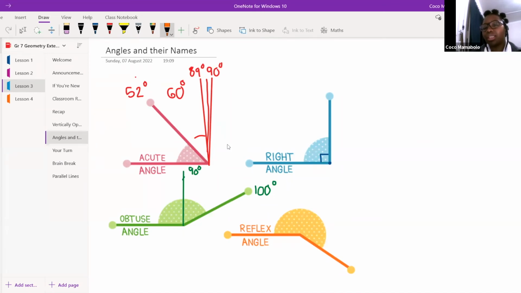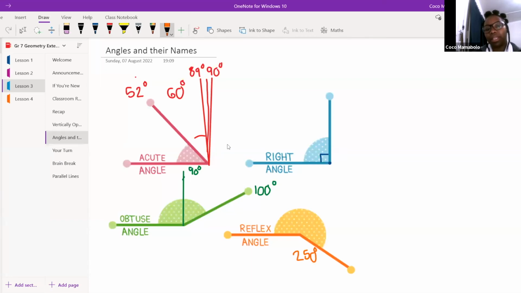Oh, 160 is smaller than 180 degrees. It needs to be bigger than 180 degrees. 250 degrees. Good, excellent, because that's bigger than 180 degrees, and it's less than 360.